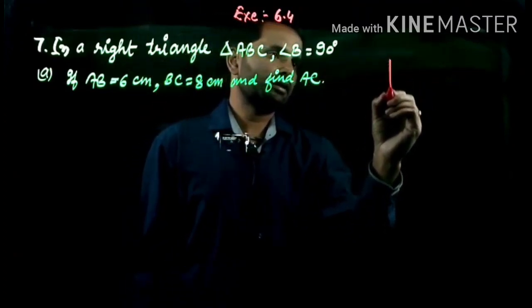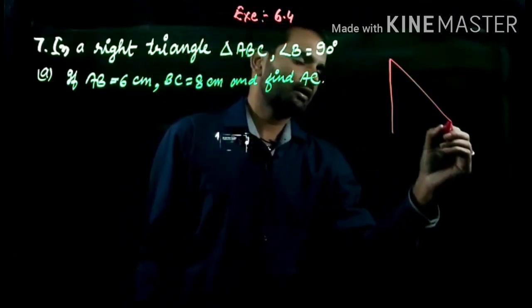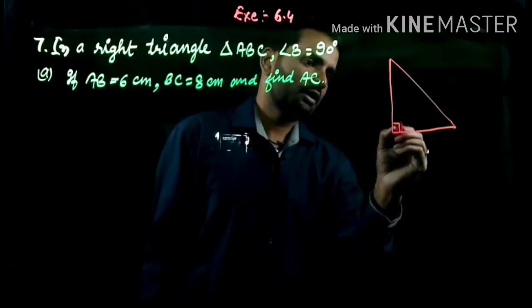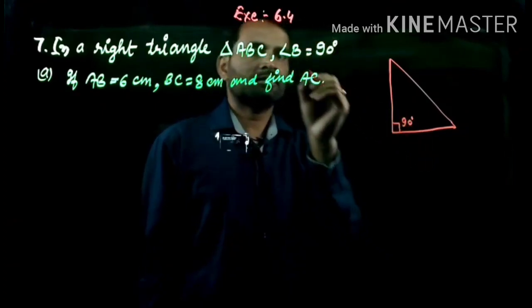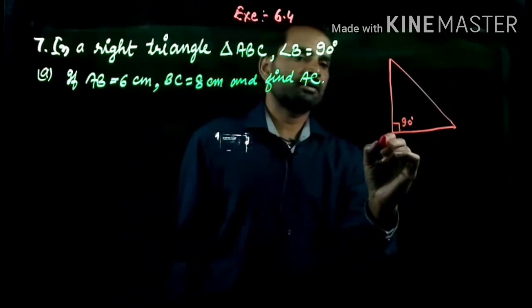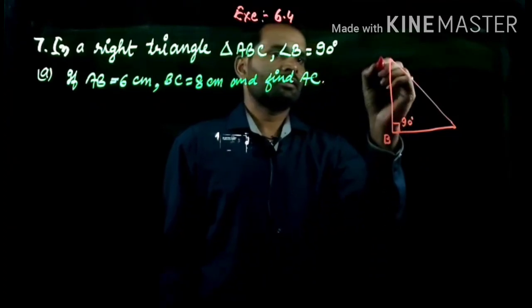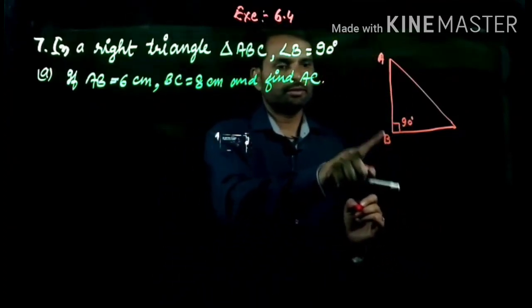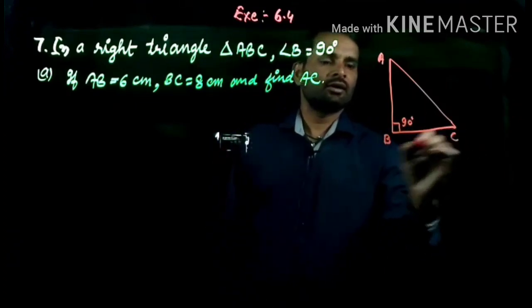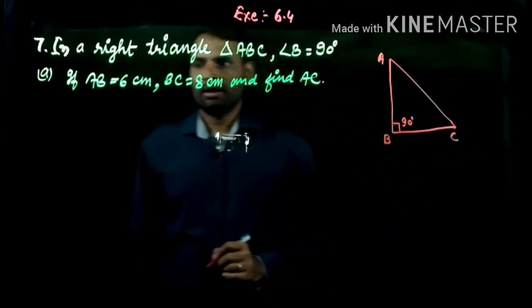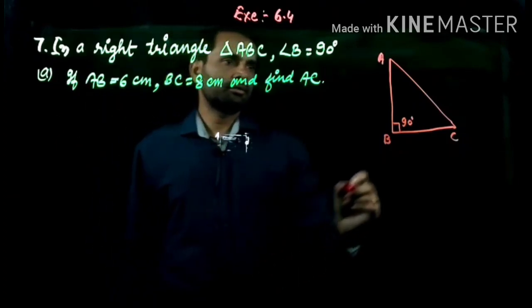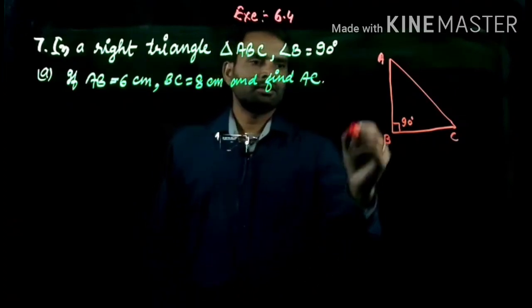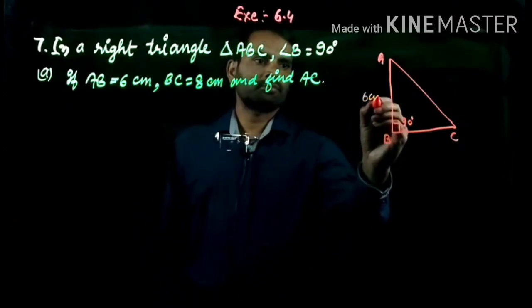A right angle triangle has one angle of 90 and the other two angles are different. The question says the angle of B is equal to 90, so it is compulsory to write the angle of B, and A and C are the other points, and the given length of AB is 6 centimeter.